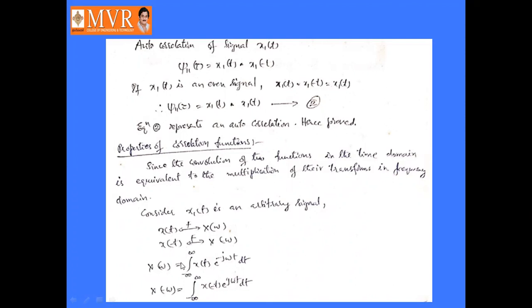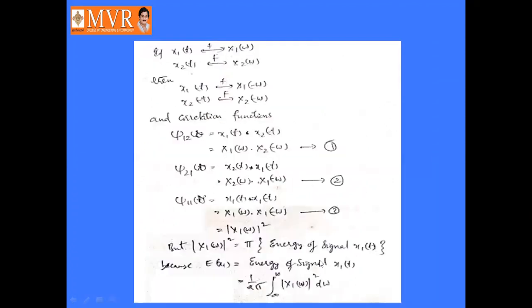So x of omega is the integral from minus infinity to infinity of x of t into e power minus j omega t dt, and x of minus omega is the integral from minus infinity to infinity of x of minus t into e power plus j omega t, right?